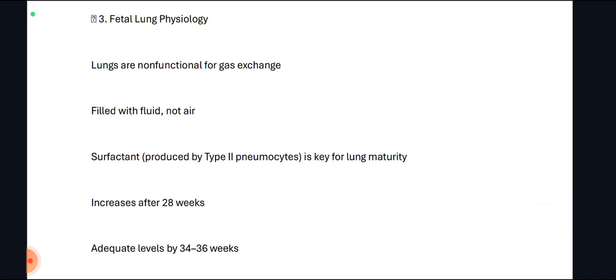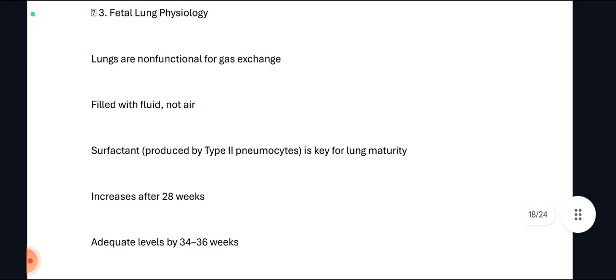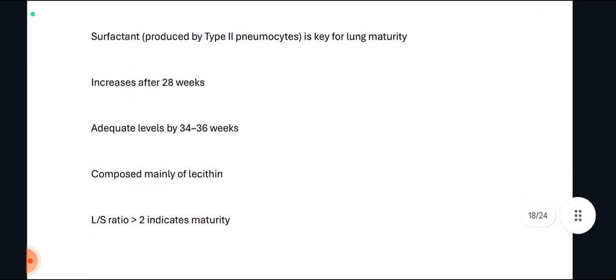Now fetal lung physiology. Lungs are non-functional for gas exchange, filled with fluid, not air. Surfactant produced by type 2 pneumocytes is key for lung maturity, and this increases after 28 weeks and comes to adequate levels at 34 to 36 weeks.